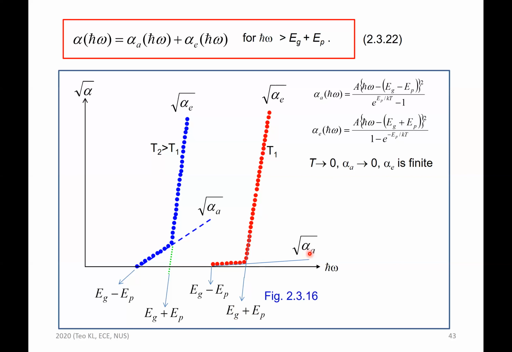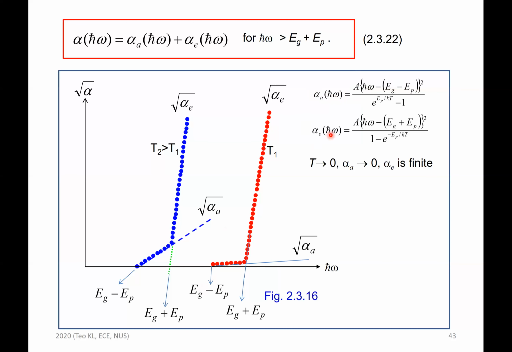Sorry, for the absorption of phonon, this curve, you expect to have Eg minus Ep where the absorption equals 0. So when the absorption equals 0, you have this term multiplied by 0 is 0. You bring the A over, 0 divided by A is still 0, and then your h bar omega will be equal to, you bring the Eg minus Ep over, Eg minus Ep. So at this point, h bar omega equals Eg minus Ep.